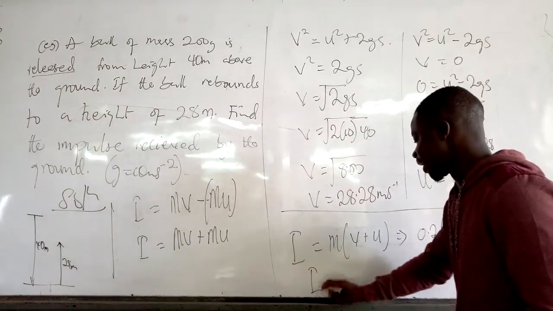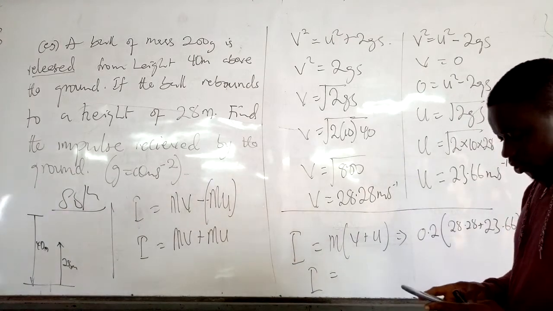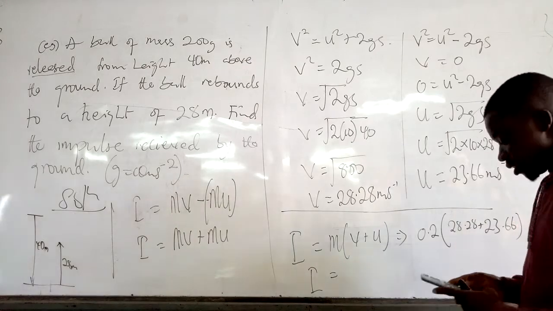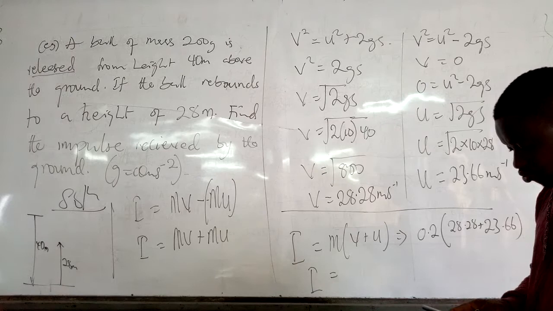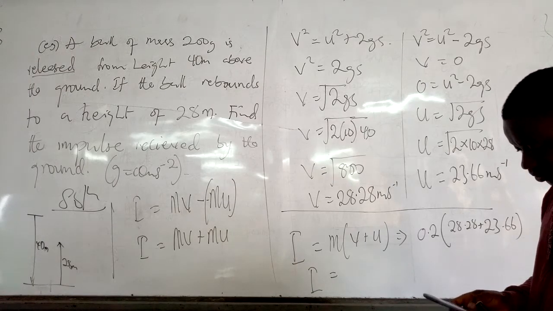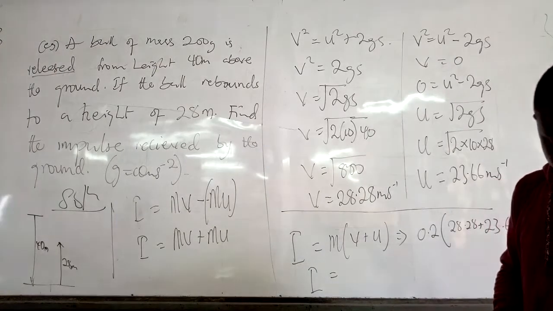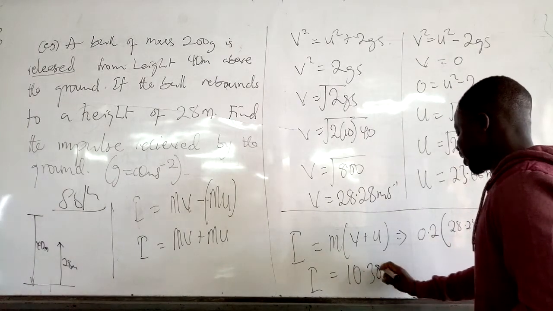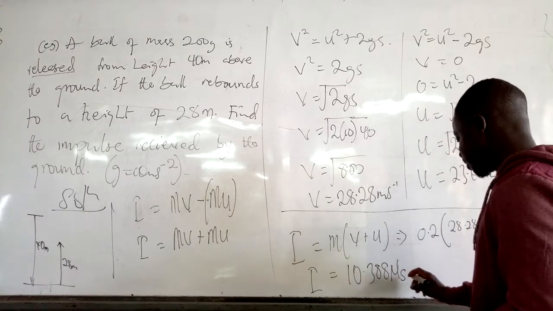So the impulse I is equal to 0.2 into bracket 28.28 plus 23.66, bracket close, and that will give us 10.388 newton seconds.